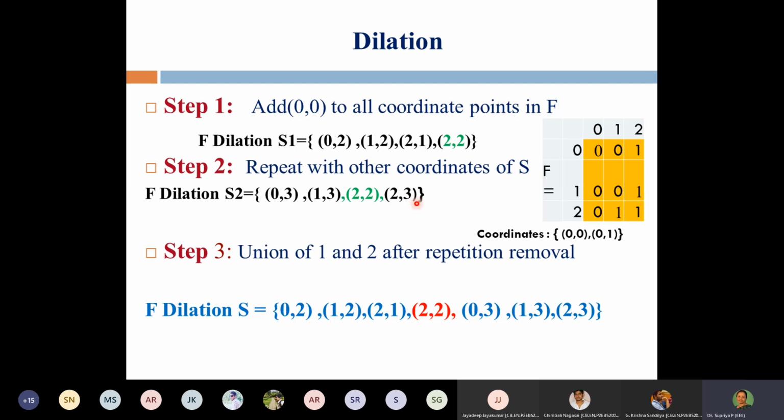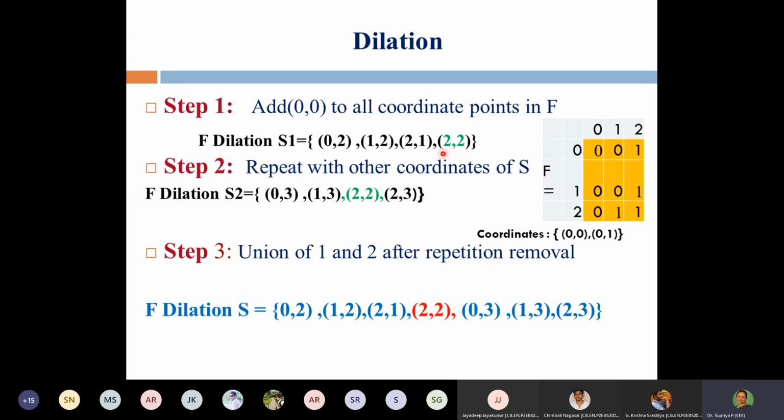Next, we have added the coordinates to each point of f, which was giving step 1, and after that we consider the union of step 1 and step 2. Luckily for us we have only 2 steps because only 2 coordinates are available here. The union of these two is considered after removal of the repeated element, where the repeated element here is 2, 2.